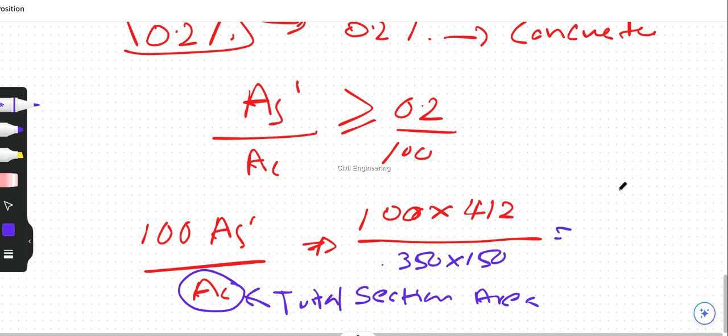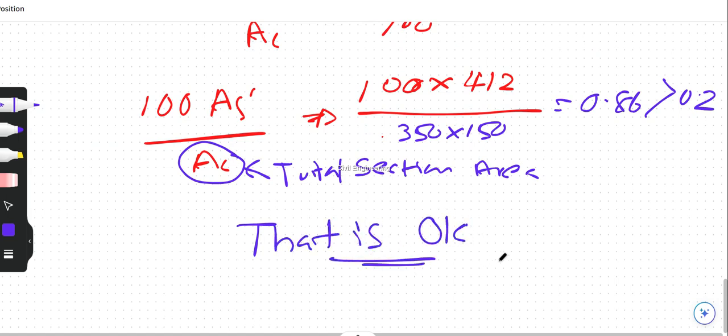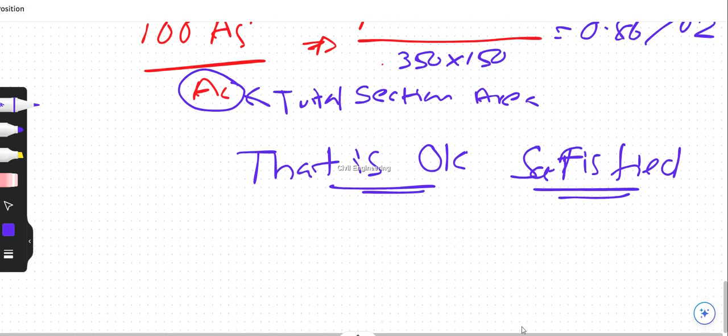The value is equal to 0.86, that is greater than 0.2. So that is okay. It means satisfied. The compression zone reinforcement is enough.